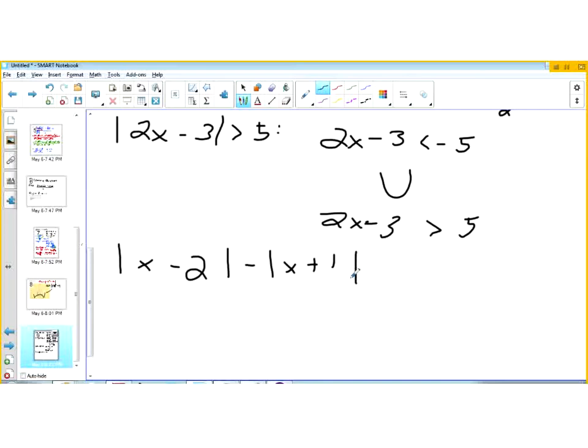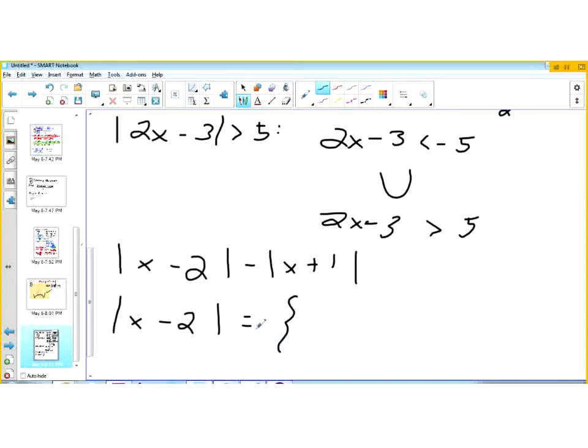All right? Okay, so we encounter what are called corner points, right? So you may recall from algebra, we have corner points. So the way we deal with this is we leverage our definitions of absolute value.